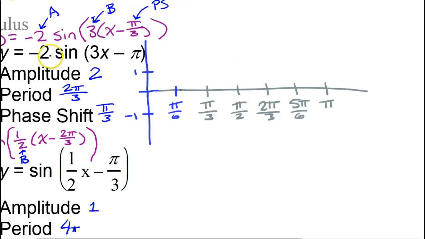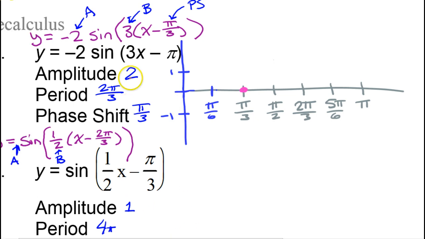So we're graphing the sine function, which we know starts at the midline. Alright, it starts at 0. So my first dot is going to go, remember, we always start at the phase shift, which was pi over 3. So our first dot will go here. You know what, I need to change one small thing.